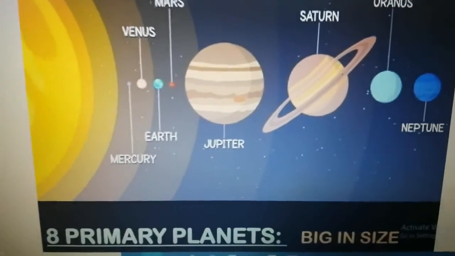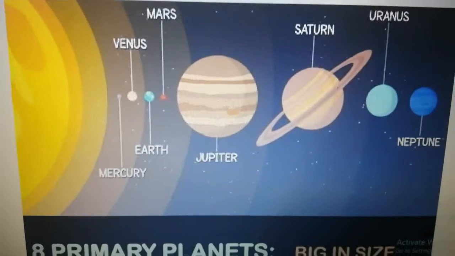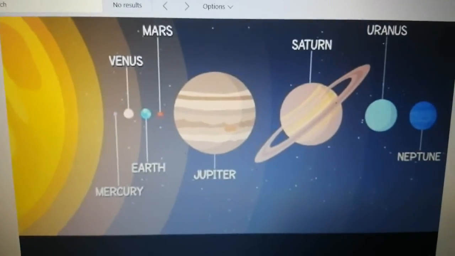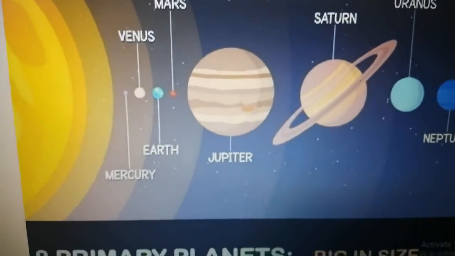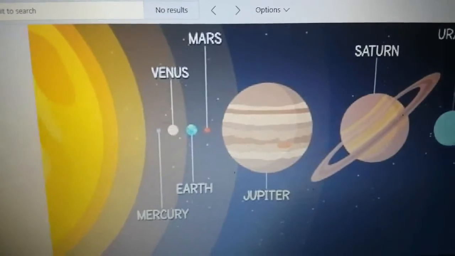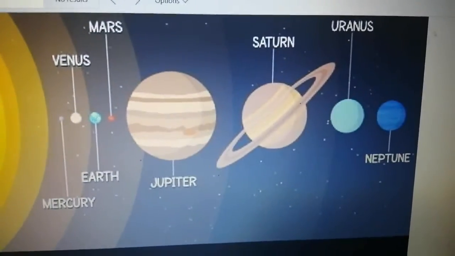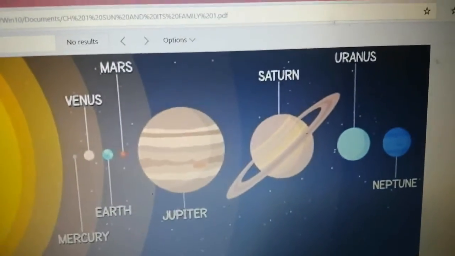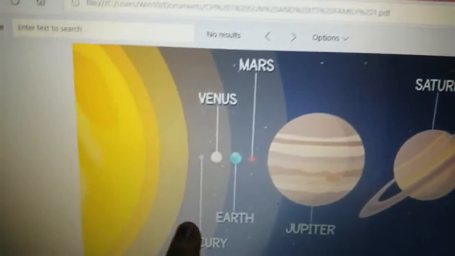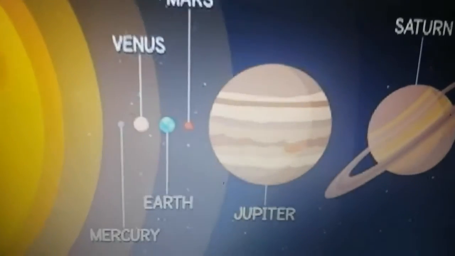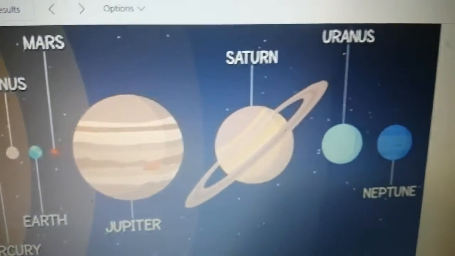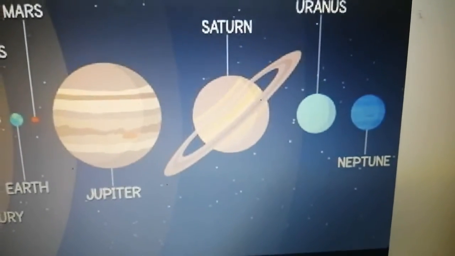Eight primary planets, eight big sized planets, and they are arranged in an order depending on their distance from the sun, beginning with Mercury, which is closest to the sun, and ending at Neptune, which is farthest from the sun. So the order is Mercury, Venus, Earth, Mars, Jupiter, Saturn, Uranus, Neptune.